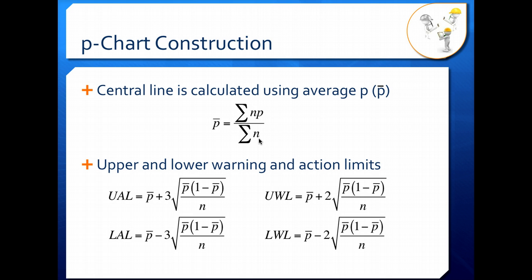This is not that type of attribute chart. That's a different type of attribute chart. NP is the fraction nonconforming in each subgroup. So for example, if your subgroup size is 100 and you have 3 nonconformities in that sample, your NP for that particular sample would be 100 times 0.03 or 3.